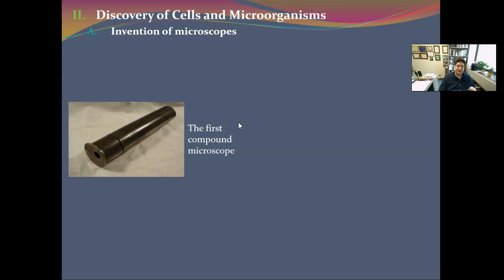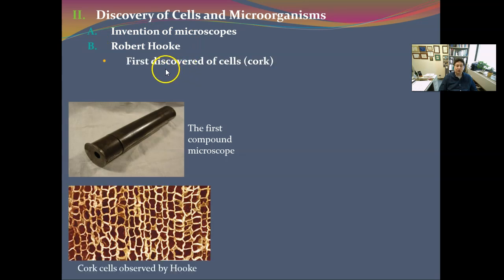Fast forwarding a little bit after that, we have our first key figure from history. This is a British biologist named Robert Hooke. Robert Hooke is the first person to discover cells. And he took a very thin piece of cork from a cork in a wine bottle, and he put that under a microscope, and he saw something like this.